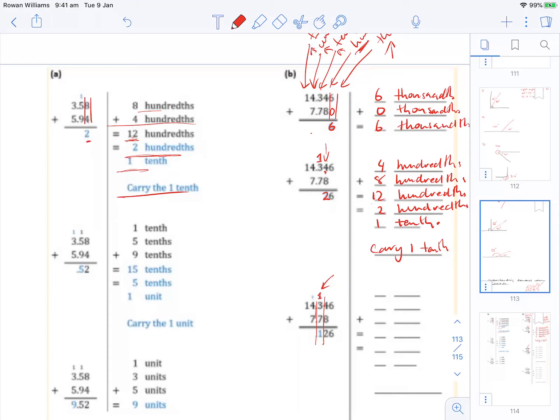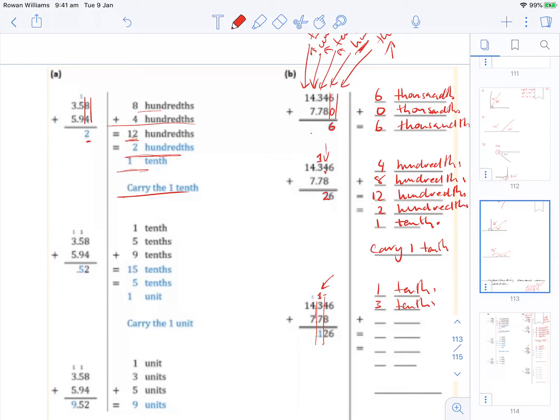And anytime, even with multiplication as well, anytime you've got a 1 sitting at the top there, that means you have to add it on to that column. So here we'll run down from the top. My first number on here is the 1, so I write 1 tenth. My second number is a 3, so then I've got 3 tenths.